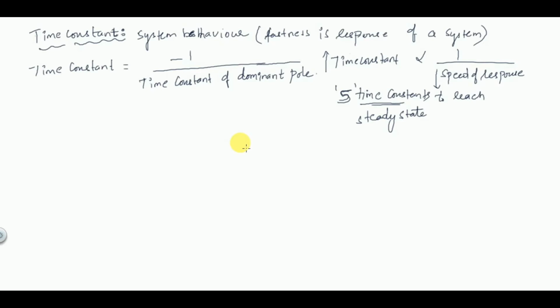So this is how we can find the time constant. What is a dominant pole? This is important.